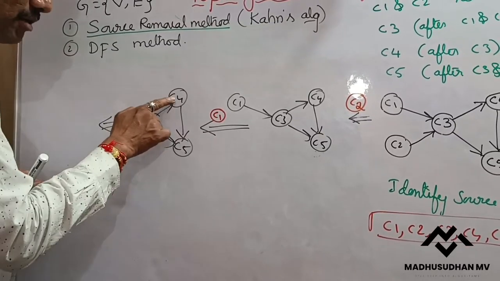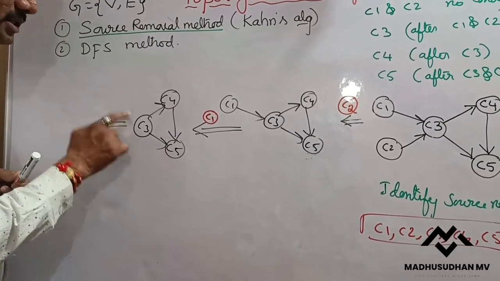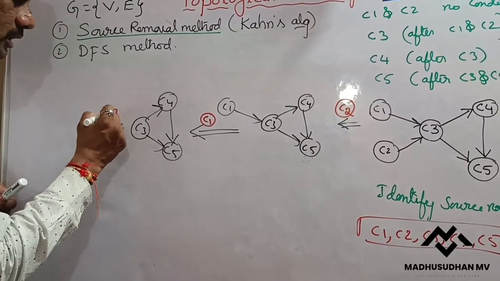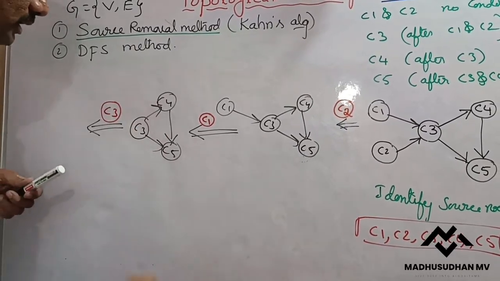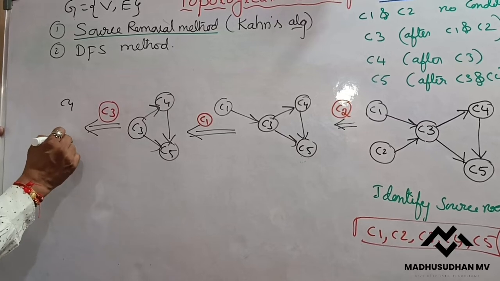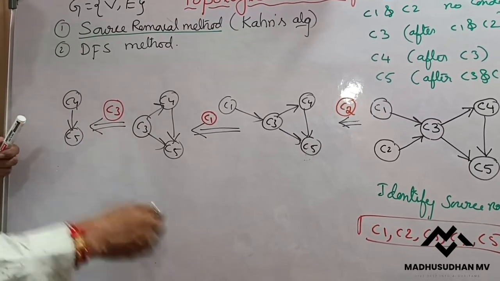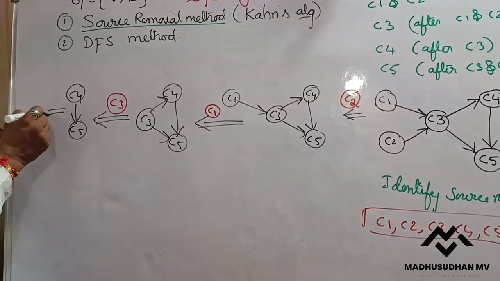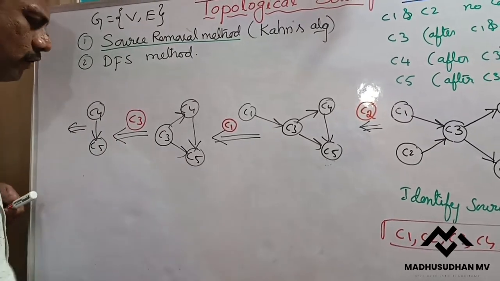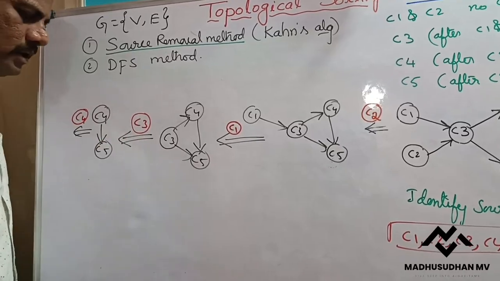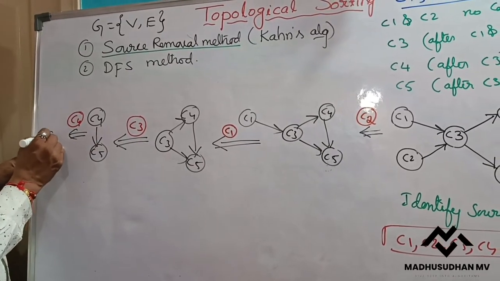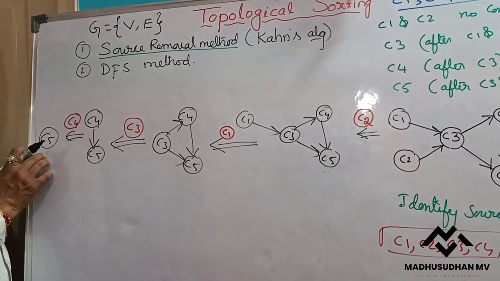This has 1, this has 2 incoming edges, this has 0. So if I remove C3, my resultant will be C4. Now it has no incoming edges. If I remove C4, I get only C5 left. Again, this has no incoming edges.